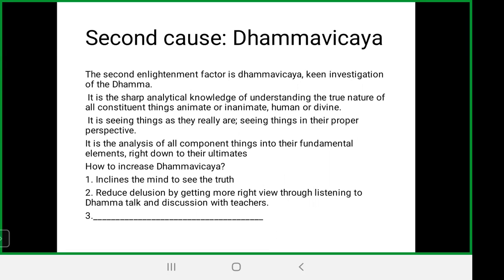You know what is ultimate? Ultimate means that like this human, instead of trying to see it as a human, you try to break it down to nama rupa. Like body, instead of just seeing it as body, you try to break it down into four great elements. Let's say if you see your blood or tears or whatever, you try to see blood is just water.